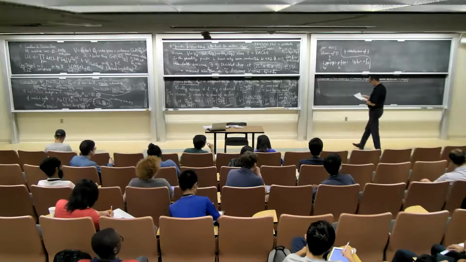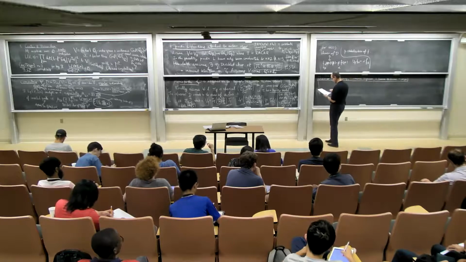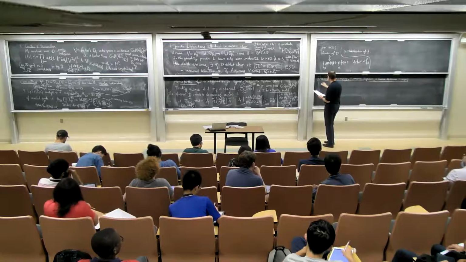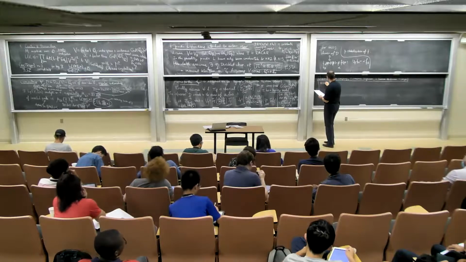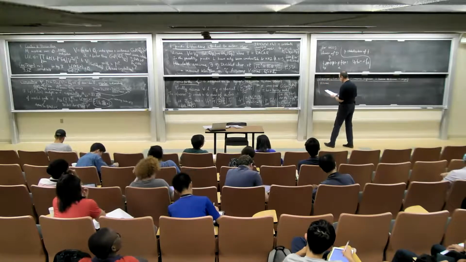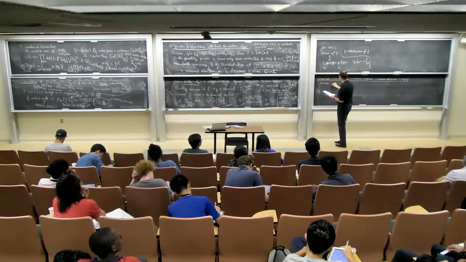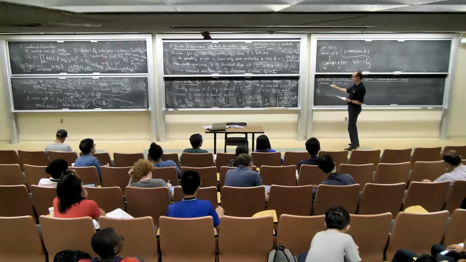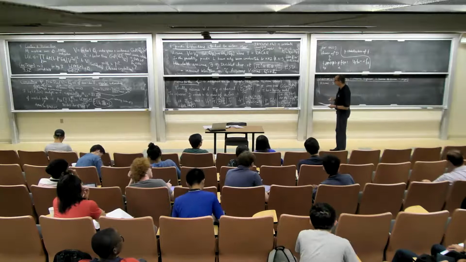Okay, so assume this pi tilde, which is this pi with the choice of this alpha p. Sorry, did I write this?